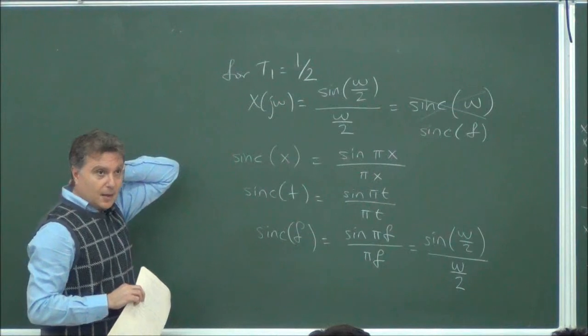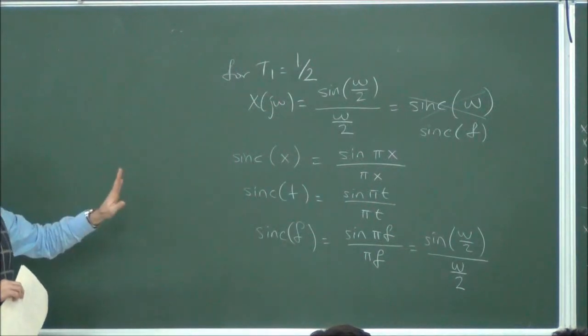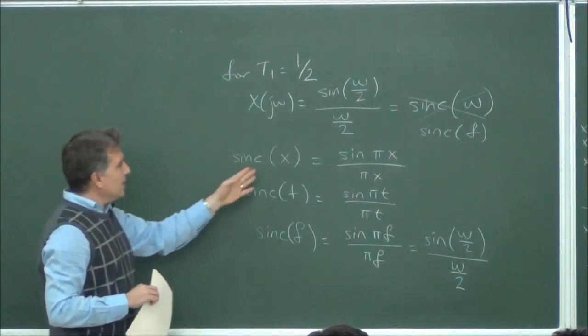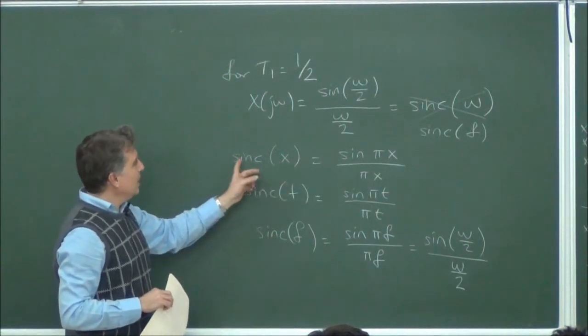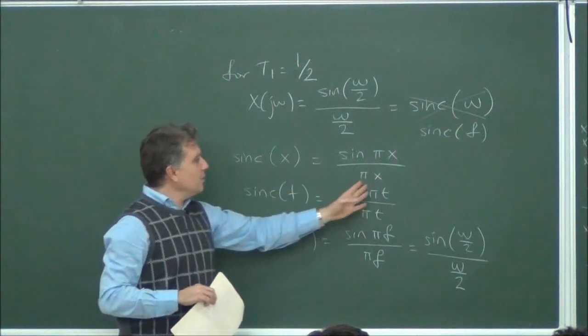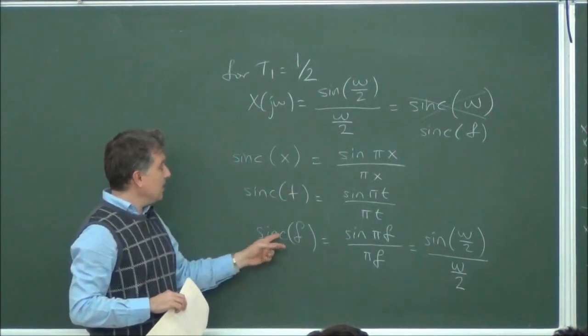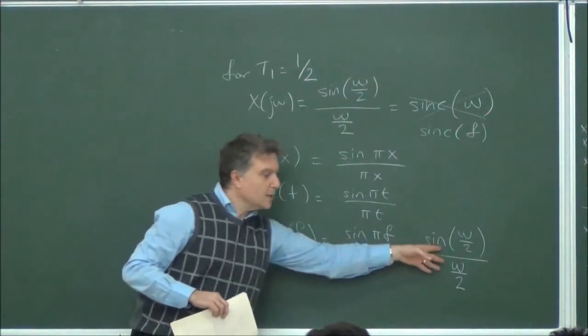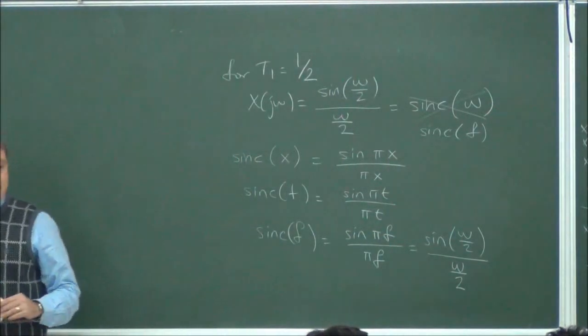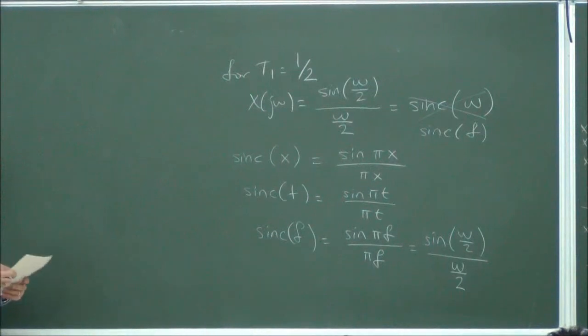Okay? So don't get confused about it. Whenever you encounter a sinc function, it's best to assume that if it is sinc t, for example, it is sine pi t over pi t, and if it is sinc f, then it is sine pi f over pi f, which is equal to this. Okay, that's the accurate definition of sinc.